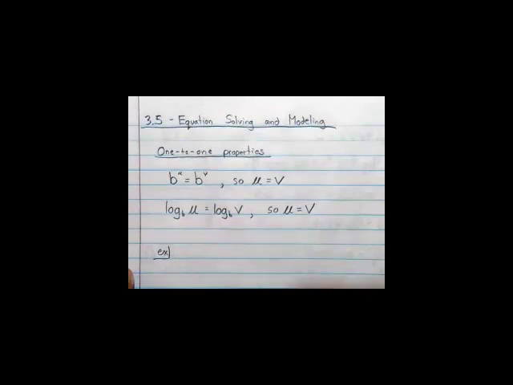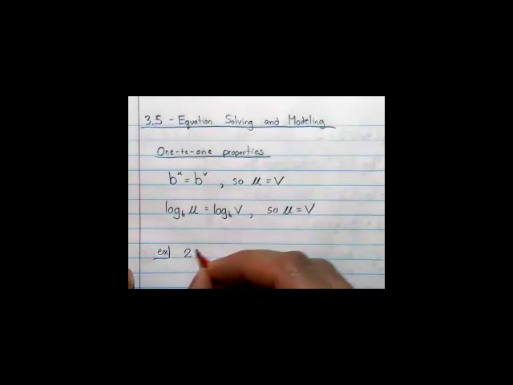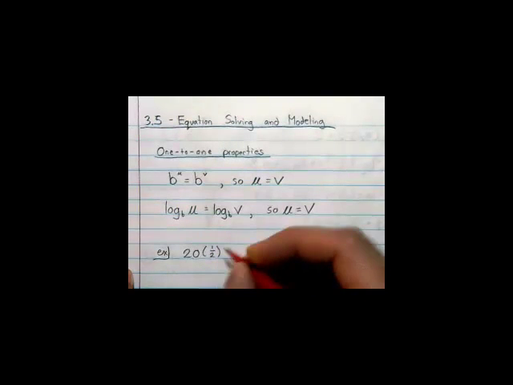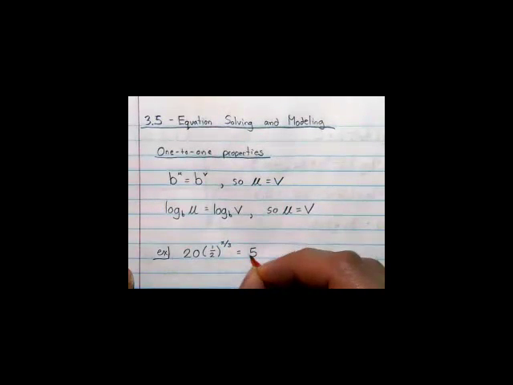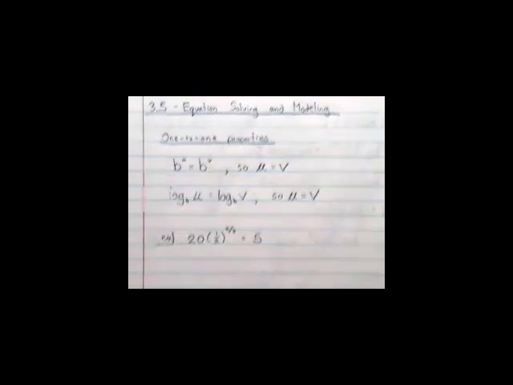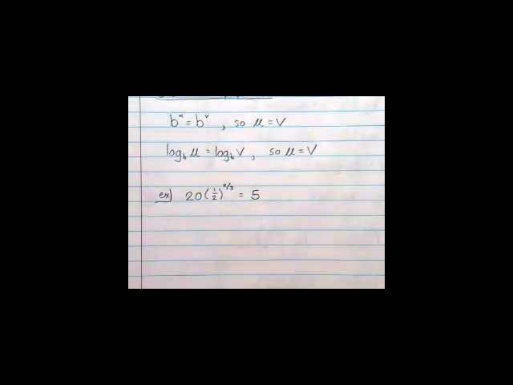So I'll start with an exponential example here. Sometimes it's going to take a little bit of manipulation to get it to look the way we want, because right now, this looks nothing like this.